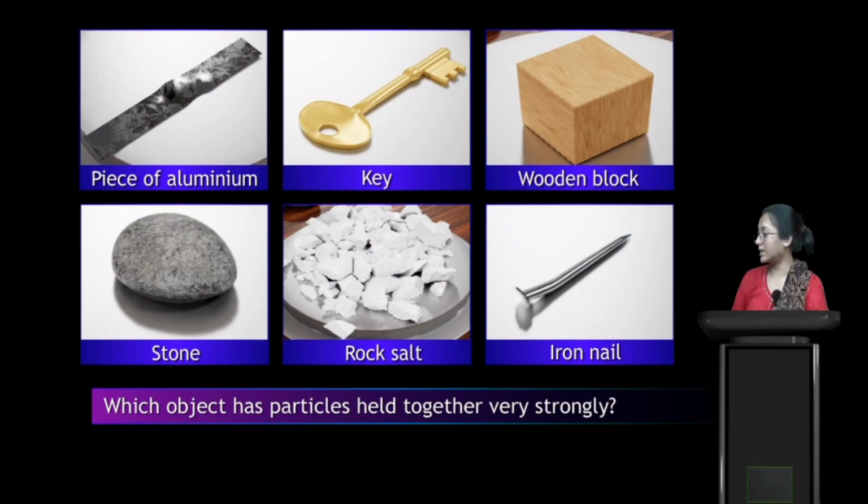Which object has particles held together very strongly? Can you tell me? All of them are solid, right? But which of them has particles that are together very strongly? Can any one of you tell me?